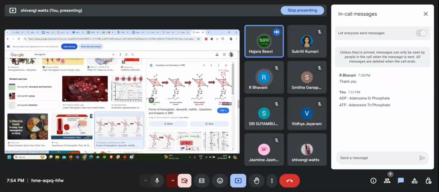Ma'am, how many histidine groups are there in hemoglobin? In hemoglobin, all four coordination sites will be occupied by nitrogen of the porphyrin ring. The fifth will be histidine, and the sixth will be vacant, where oxygen will come and bind.